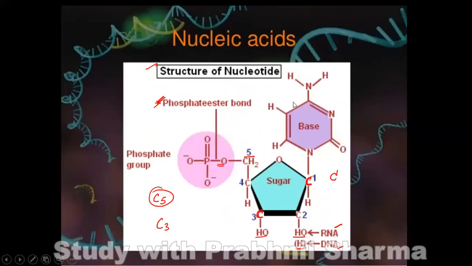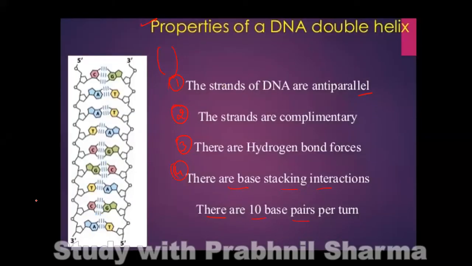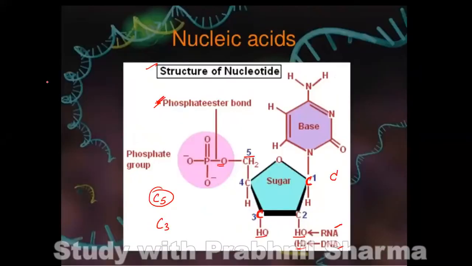See, this is the structure. On this third carbon, we have OH. Okay, so this is 1, 2, 3, 4, fifth carbon, and this is phosphate group.